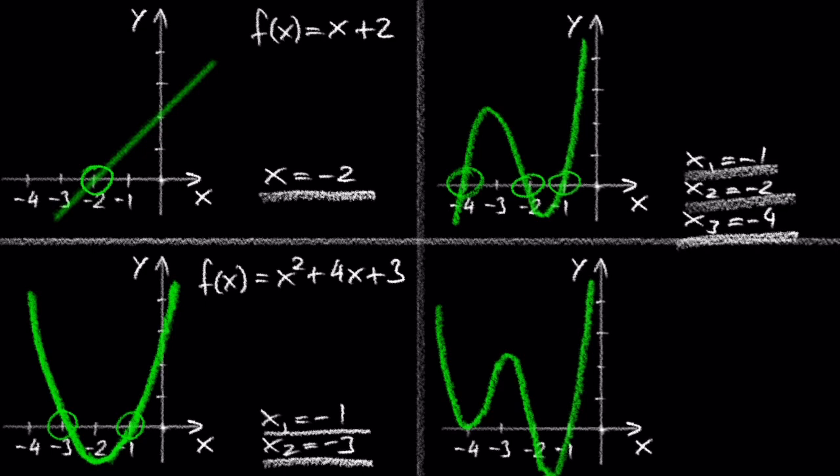And the roots of the fourth function are -1, -2 and -4 because the graph intersects the x-axis at -1 and -2 and it touches the x-axis at -4.